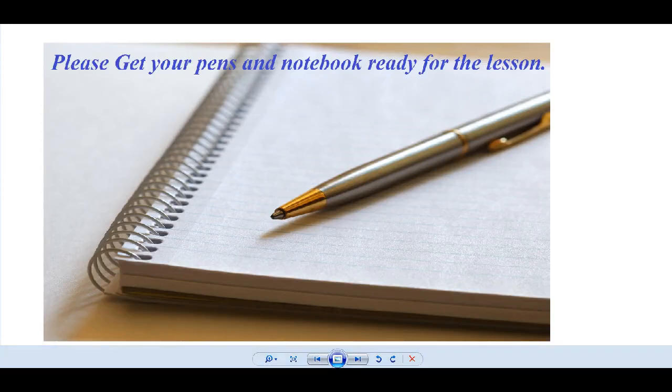Alright, so this is year 11 Mathematical Methods lesson 26. We start a new chapter called Probability. So the first section for probability will be language of events and sets.